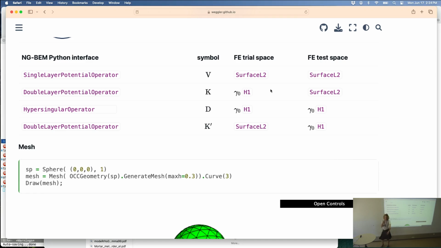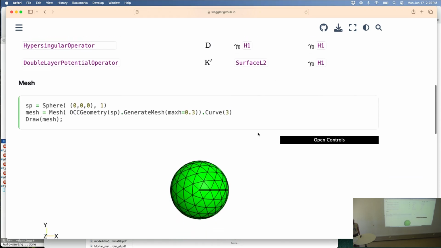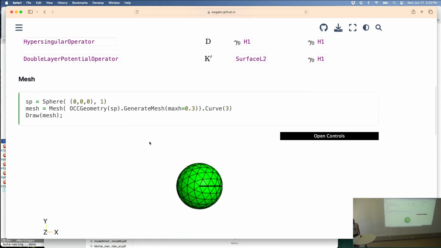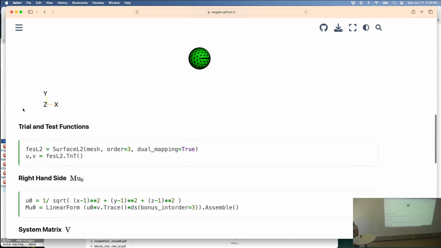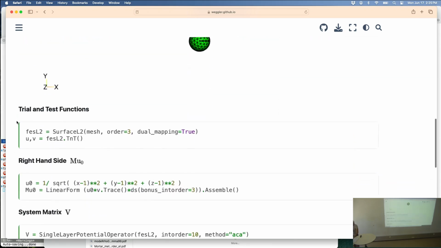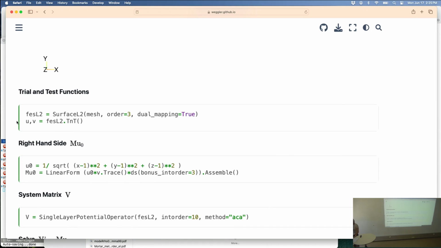When you get on this repository, you will find this structure, and here are the NG-BEM operators that you have to implement, and that's what we will see now. Here's a mesh of a sphere, right? We solve for omega a sphere.